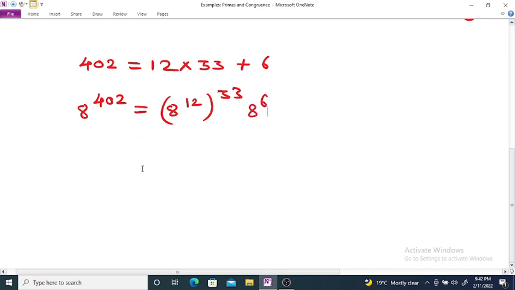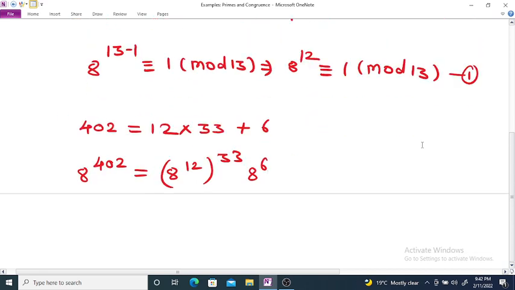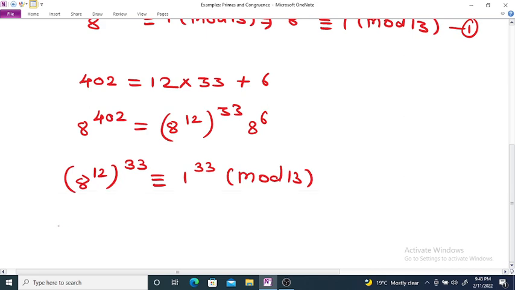As we know that 8 raised to 12 is congruent to 1 modulo 13, therefore 8 raised to 12 raised to 33 is congruent to 1 raised to 33 mod 13, that is 8 raised to 33 into 12, which is 396. 8 raised to 396 is congruent to 1 modulo 13.